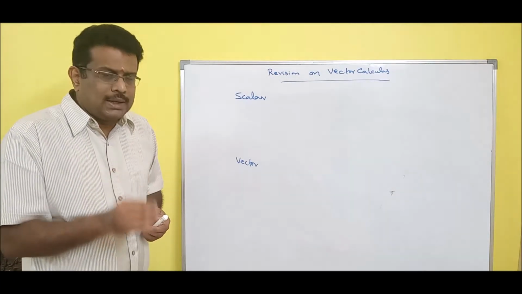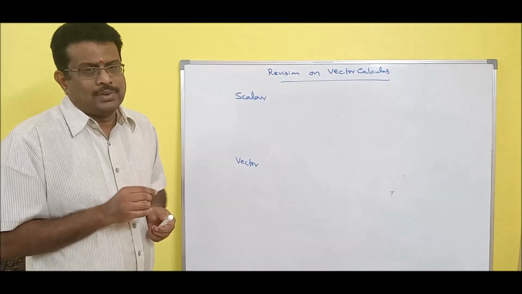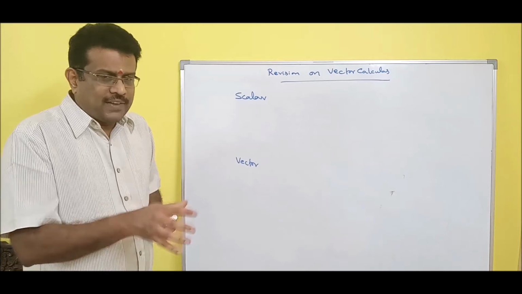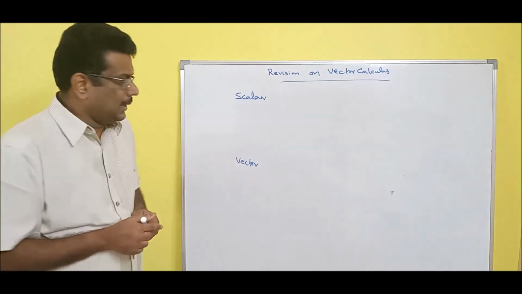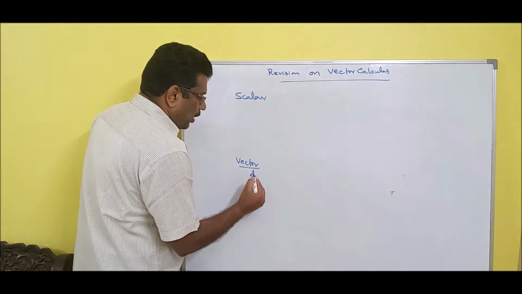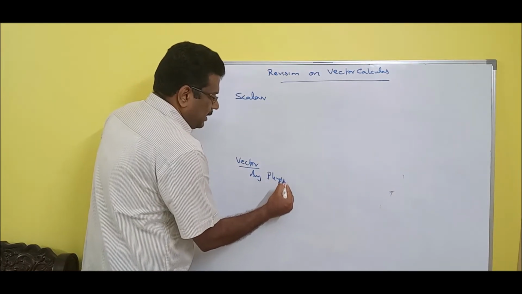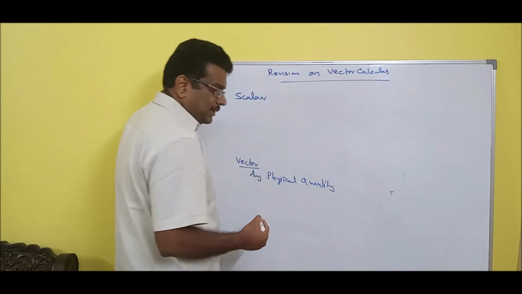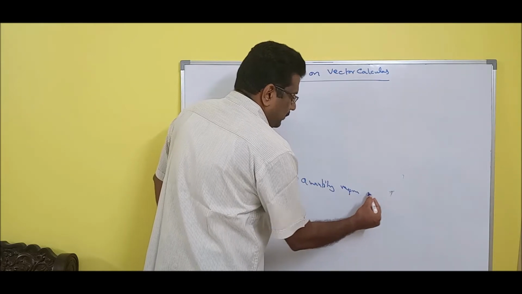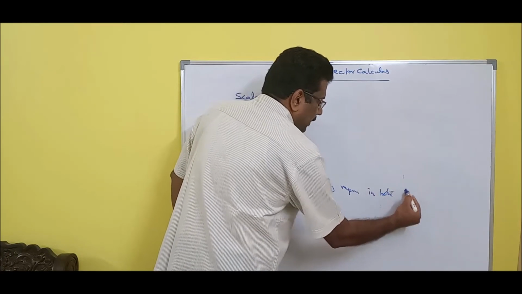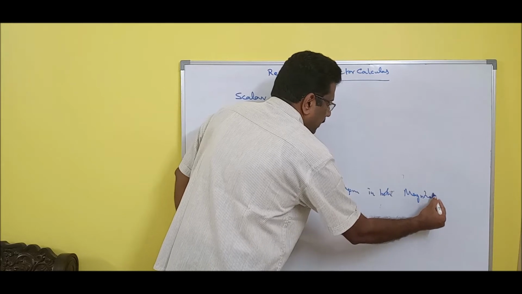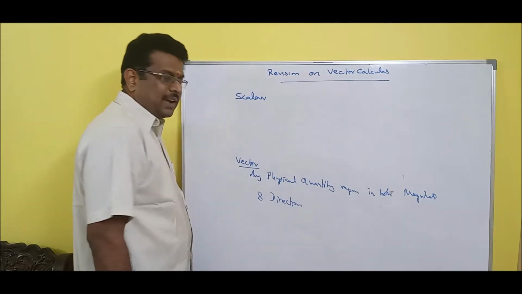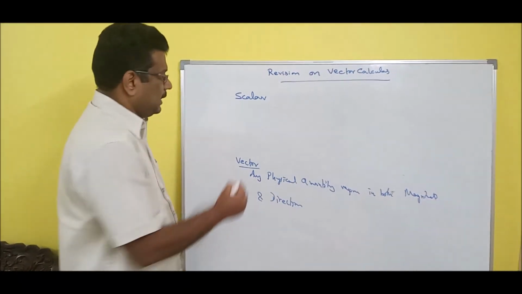Any physical quantity represented in terms of magnitude only is defined as a scalar quantity. Any physical quantity which is represented in both magnitude and direction is defined as a vector quantity.